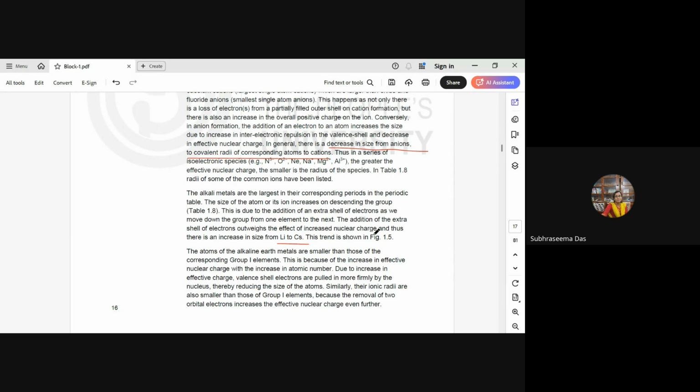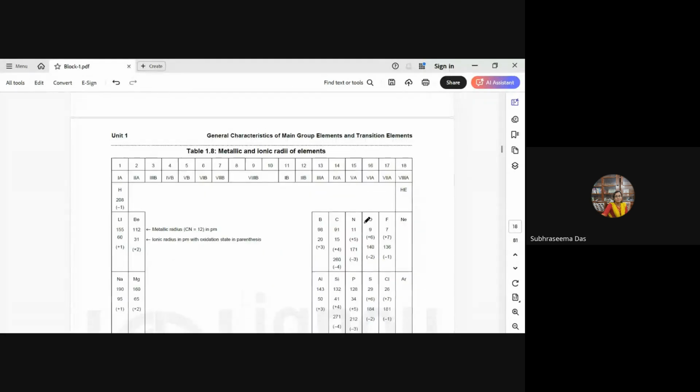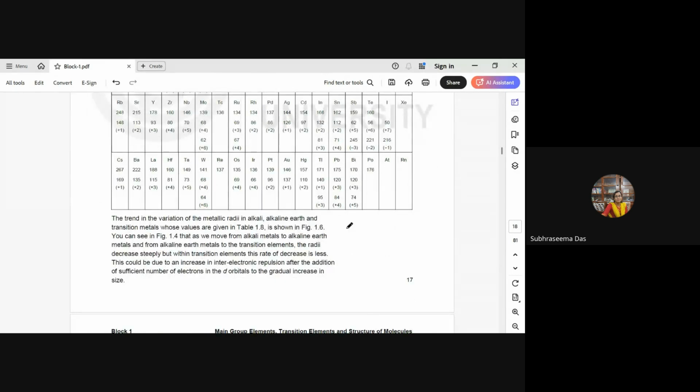Due to this increase, the valence electrons are pulled more tightly to the nucleus, so there is a reduction in size. That is why the atomic or ionic radii are smaller than those of group 1 elements. In table 1.8, different metallic and ionic radii of elements are listed, and we can see the different comparisons.